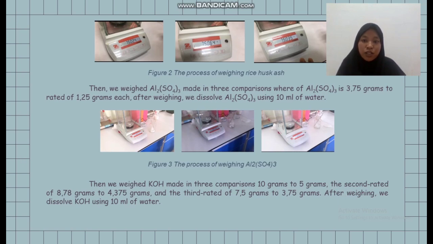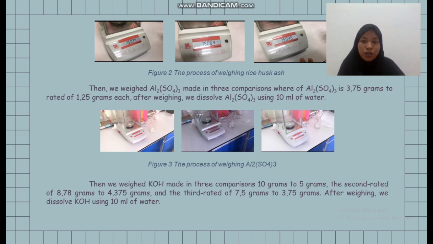Then we weighed potassium hydroxide in 3 comparisons: 10 grams to 5 grams. The second rate of 8.75 grams to 4.375 grams, and the third rate of 7.5 grams to 3.75 grams.